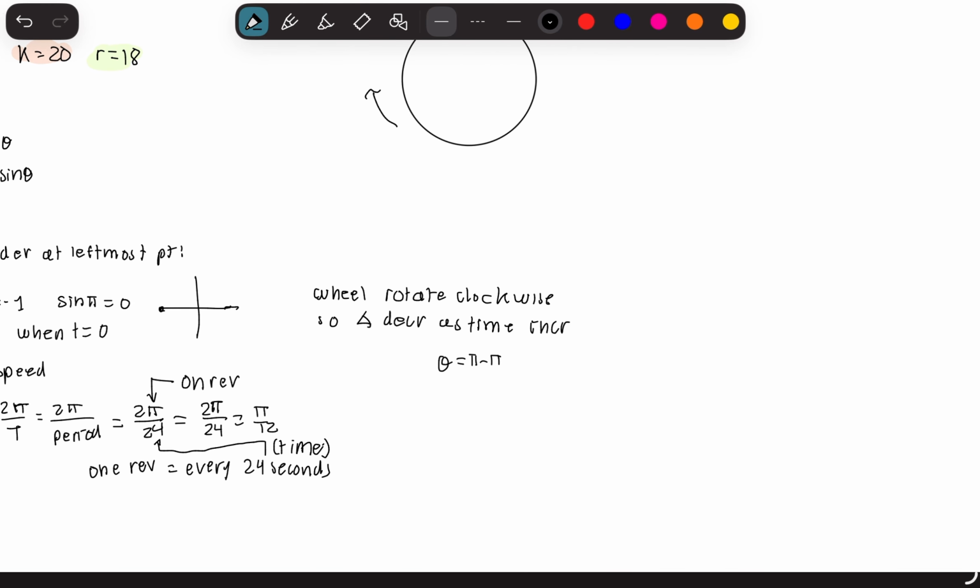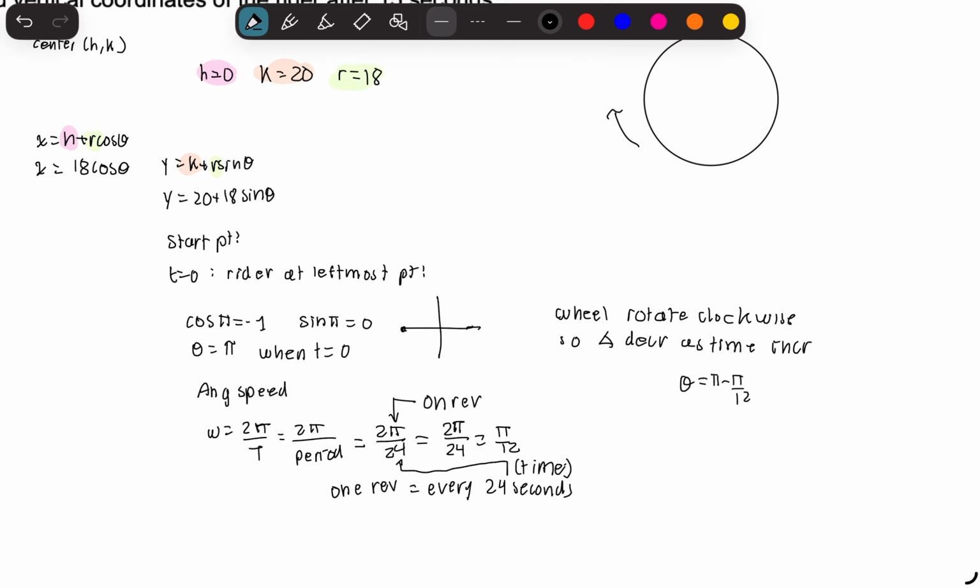So now we have our theta, right? This is t. You can take this expression and sub it in here and here.